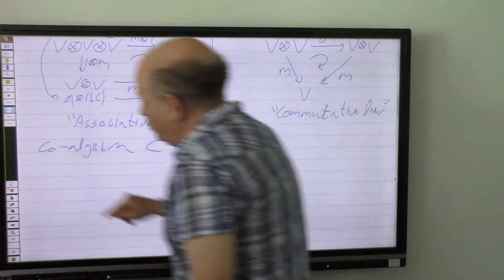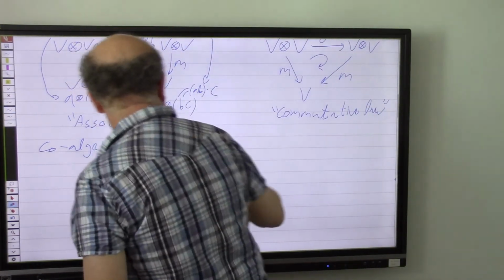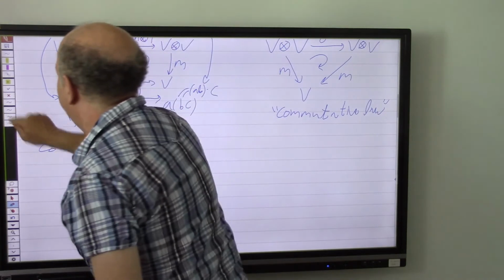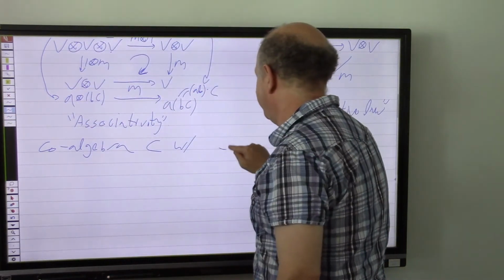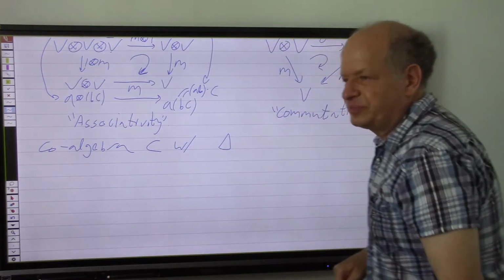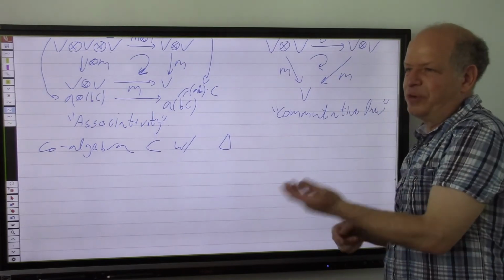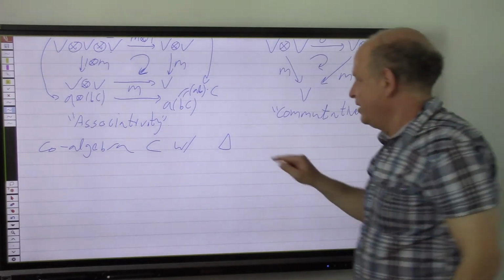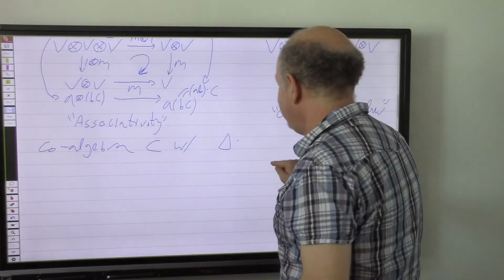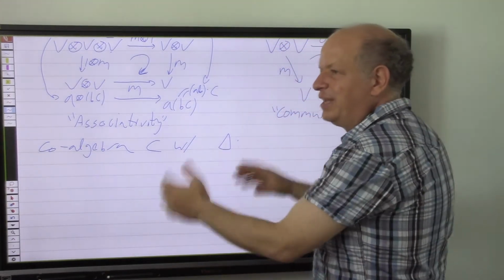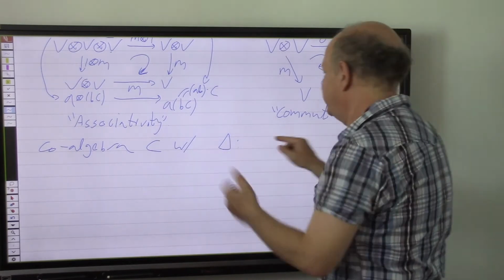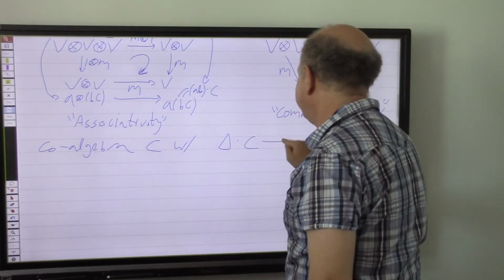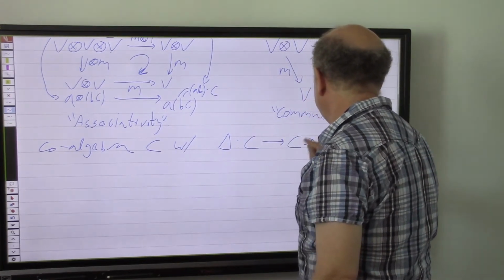But we're not entirely consistent, so instead of M, we call it delta. Totally inconsistent. We switched from Latin letters to Greek, from lowercase to uppercase, I don't know. And delta, instead of being a map from A tensor A to A, it goes the other way. So it goes from C to C tensor C.